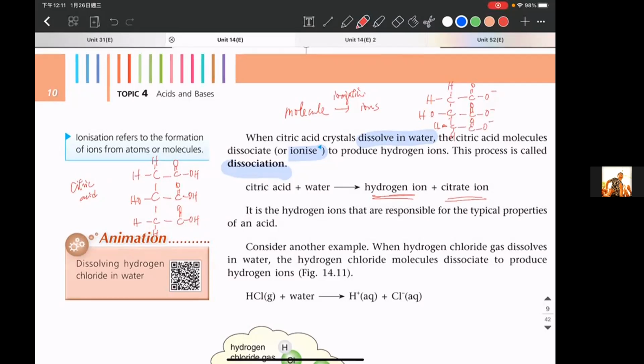So which means that once the molecule dissolves in water, not all hydrogen atoms will be ionized to form hydrogen ion. Instead, we look for a very typical group of atoms. Tell me which group of atoms it is. What is that group of atoms? For those who know it, just type in the chat box and say aloud in the mic.